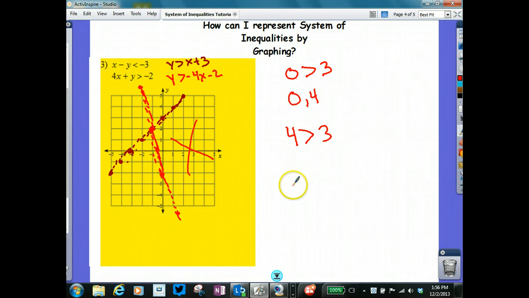And then for the second one, I have 4 is going to be greater than negative 4 times 0 minus 2. 4 is greater than negative 2. Both of them work. So this area right here is the area that's going to be shaded as solutions for both of them.